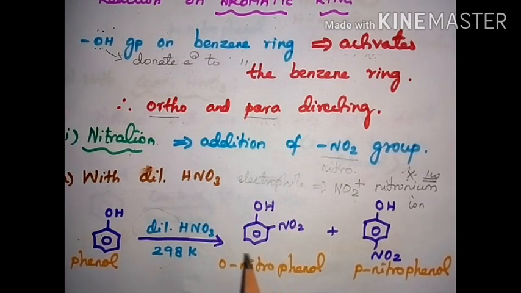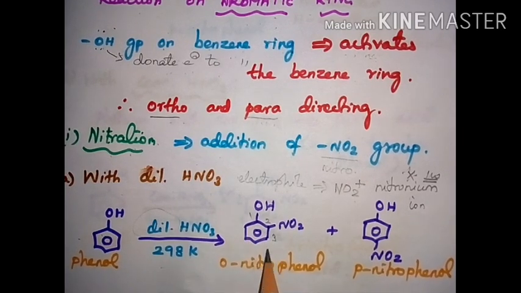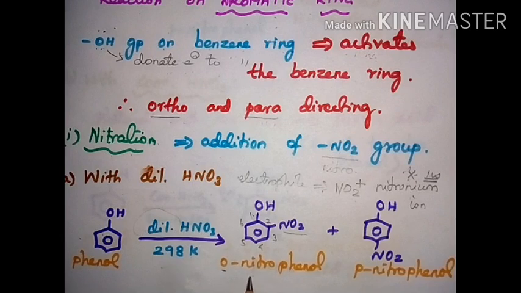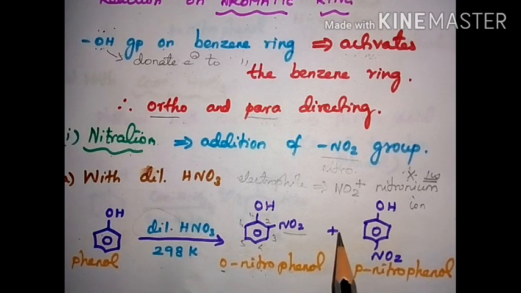So the ortho position, ortho means 1, 2, 3, 4, 5, 6. The 1, 2 position is called ortho. In the ortho position, which group is attached here? NO2. If we didn't have the NO2 group, what is this called? Phenol. So it is ortho nitrophenol. And there is also the para product.